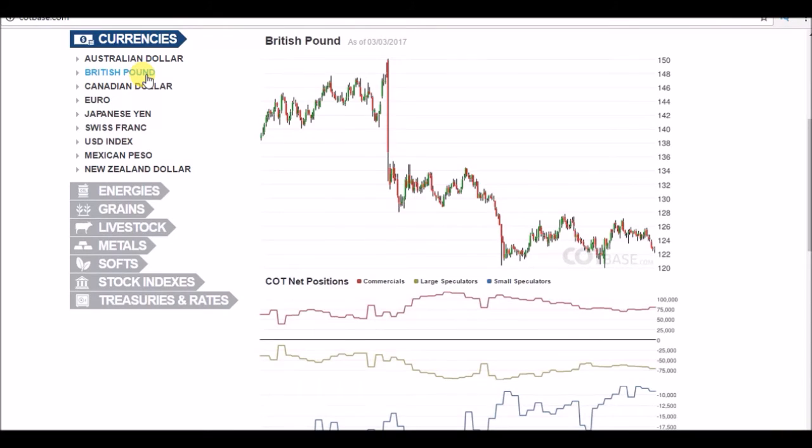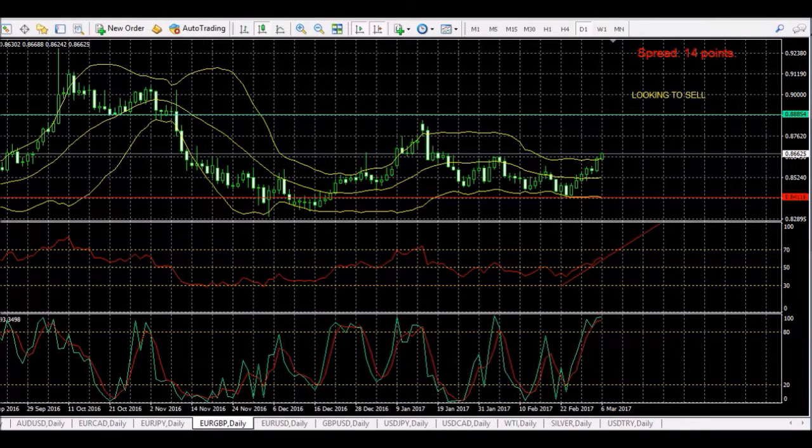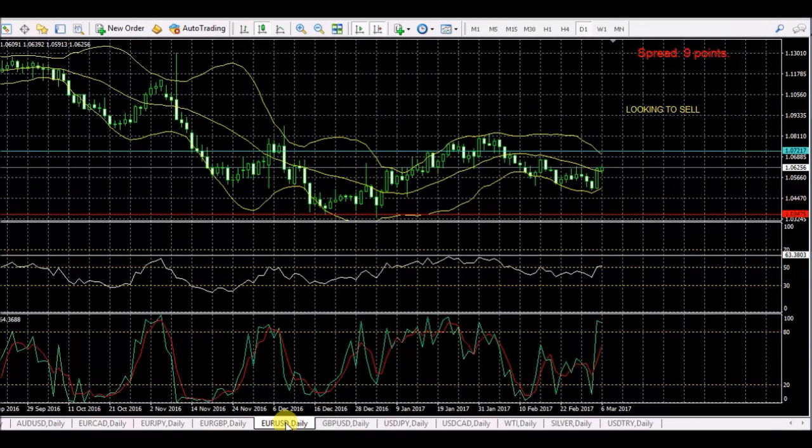Basically, the commitment of traders have taken a slightly longer view of the pound, so slightly longer the pound and slightly shorter the euro. I'm not all that convinced. We'll see how we look tomorrow, but no, that one's not for me.